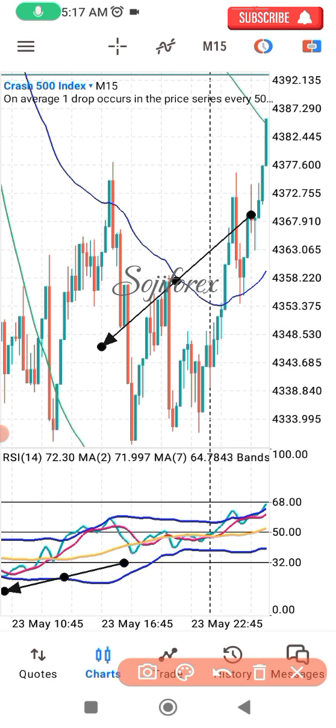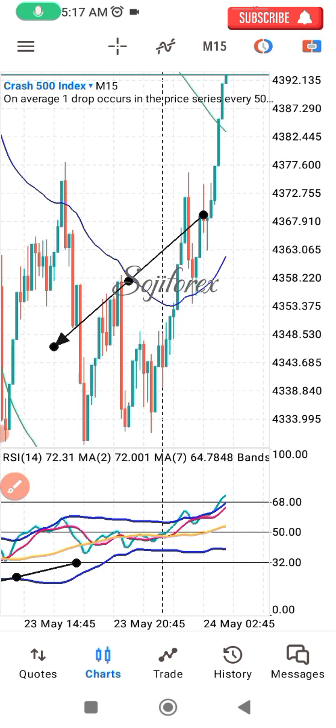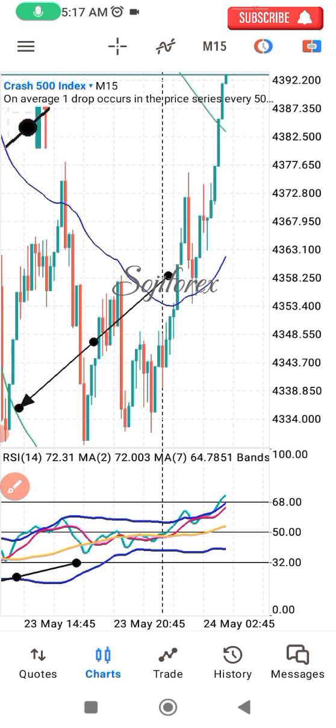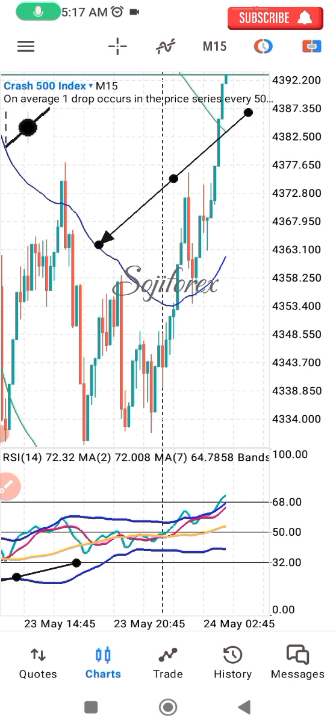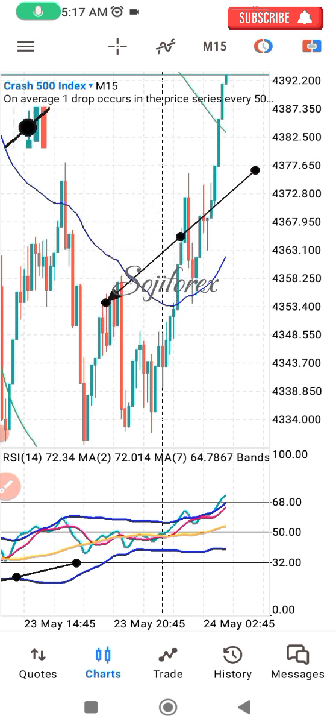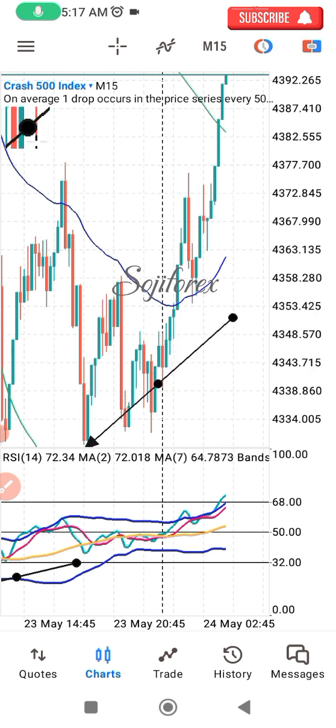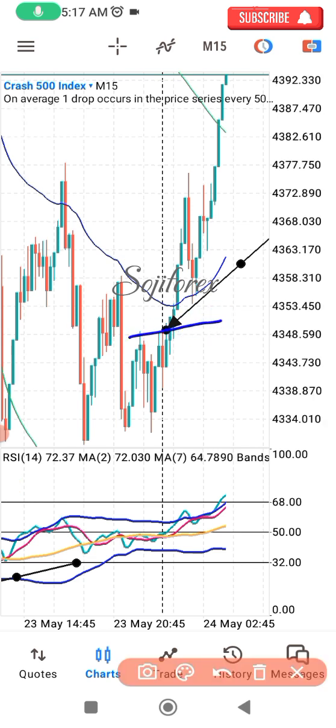So upon that confirmation, and we're in this down part, all I did was wait for my price to move to the upside, and immediately my price was around this point, I made my entry and my stop loss was below.